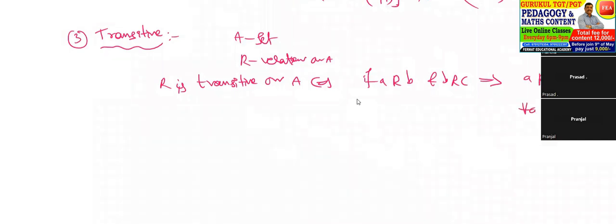This is true for any 3 elements. If a related to c is there, automatically this is a transitive relation.